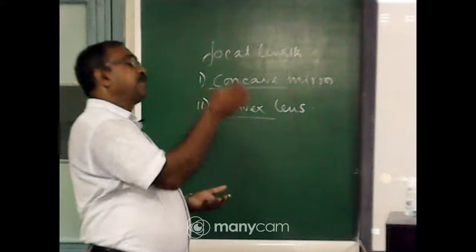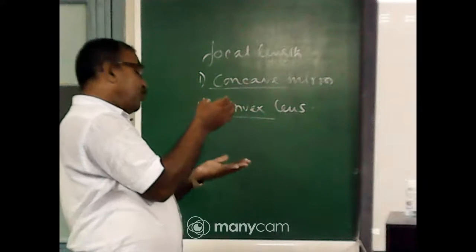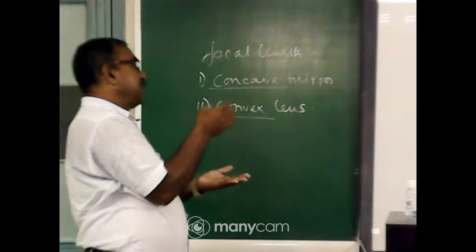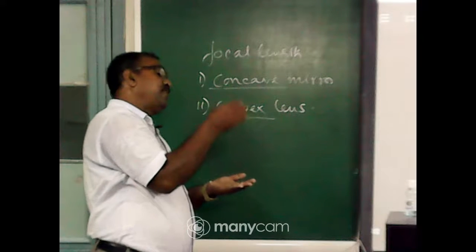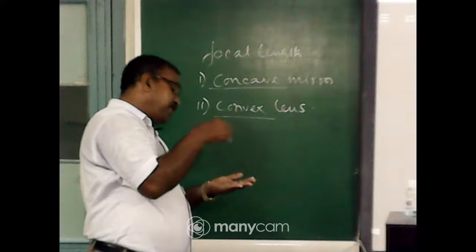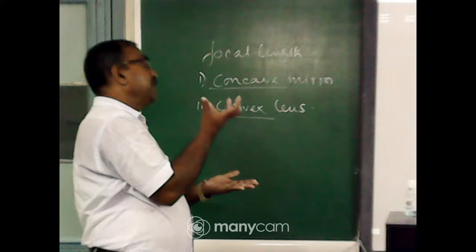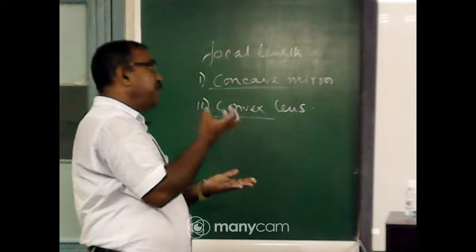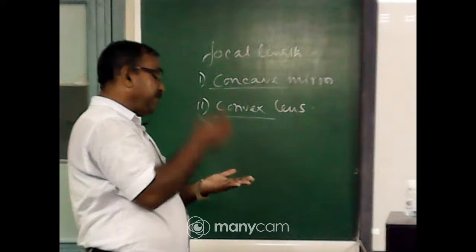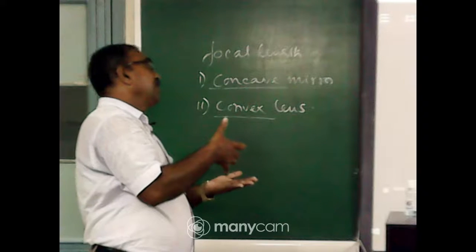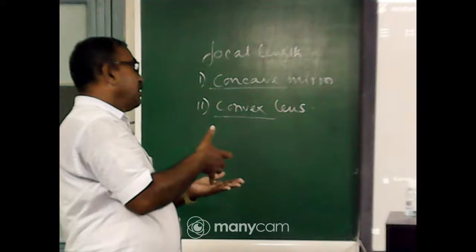With the help of the convex lens, you get a sharp point on the paper, the image of the sun, a sharp point on the paper. And you check it, the paper will be burned. At that time, this is the focal length, the rough focal length of the convex lens. Am I clear?